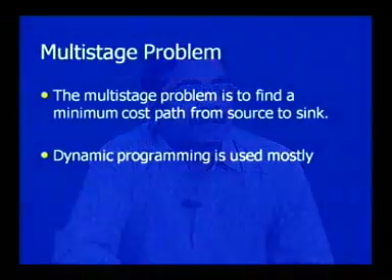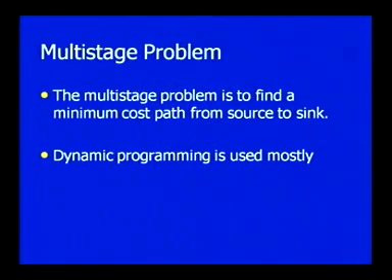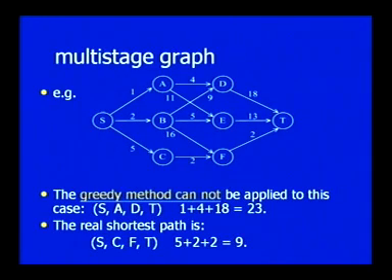I welcome you back to the session. We were talking about dynamic programming and its effectiveness, and we also started the multi-stage problems. Now we will see how we can solve this problem. The multi-stage problem is to find the minimum cost path from the source to the sink, and for this dynamic programming is mostly used.